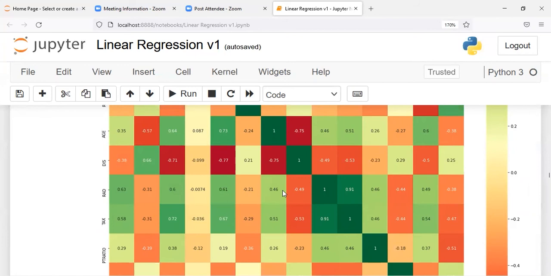So whenever you have high correlation between independent variables, that's a clear indication that there is a problem of multicollinearity.